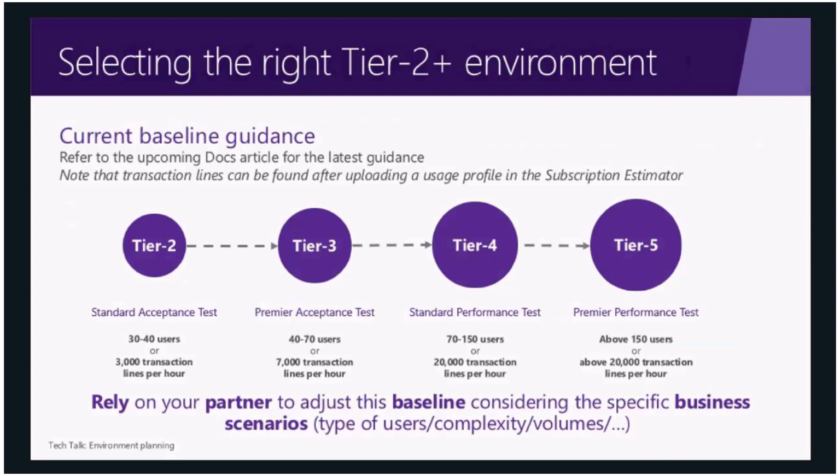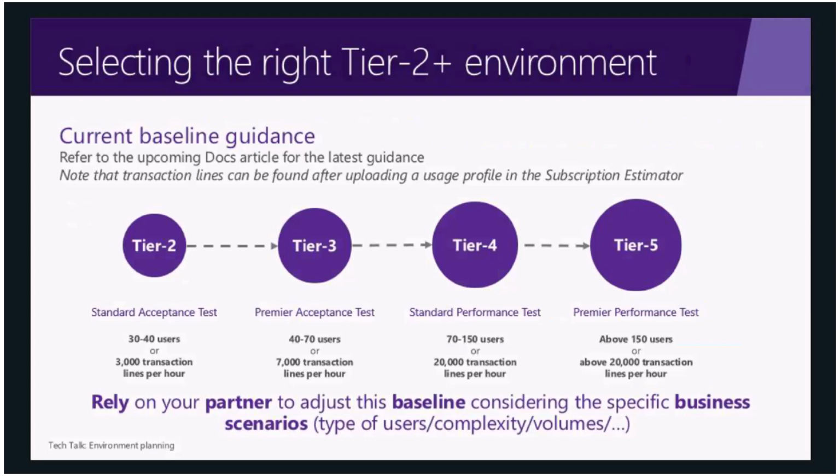Another common request is, how do I select the right Tier 2, Tier 3, Tier 4, Tier 5 environment based on the needs in my implementation? In general, it's just like for the number of environments you would need. Each and every project is different because the business operations are very different.